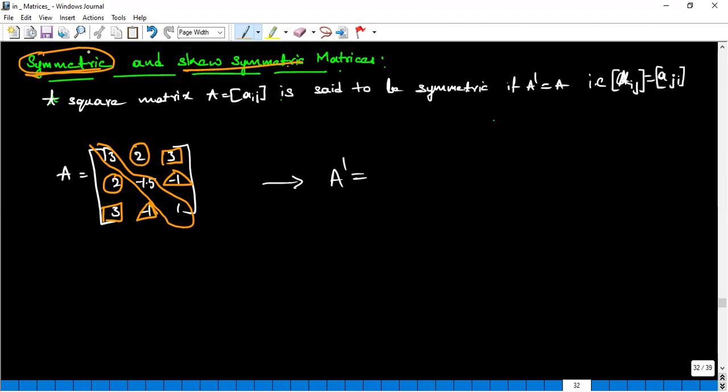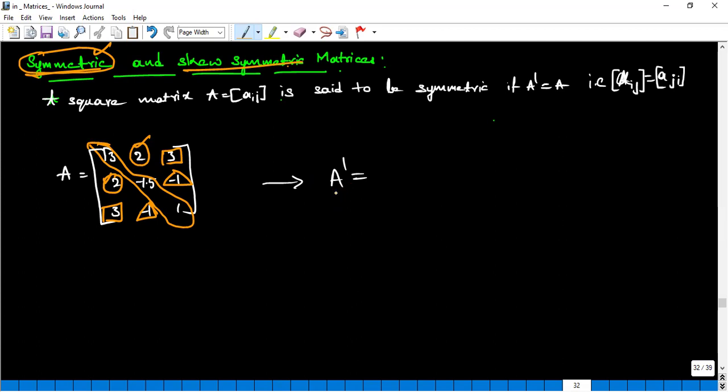Then only it is called symmetric. This is a very basic thing, like you can visualize it. Whatever you have here and here must be the same. Then you can call it symmetric. How you define it is very important.